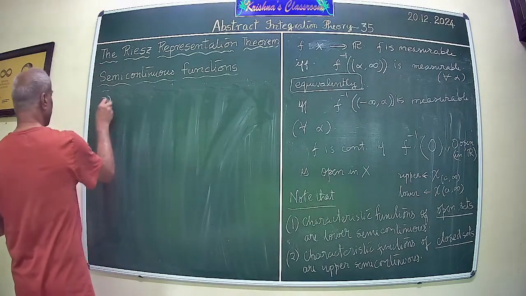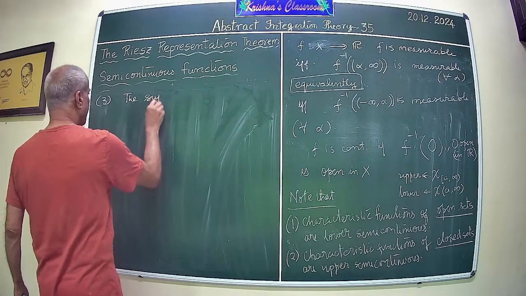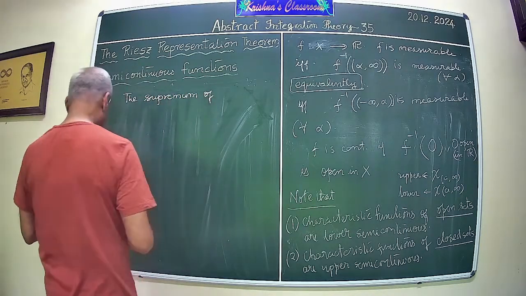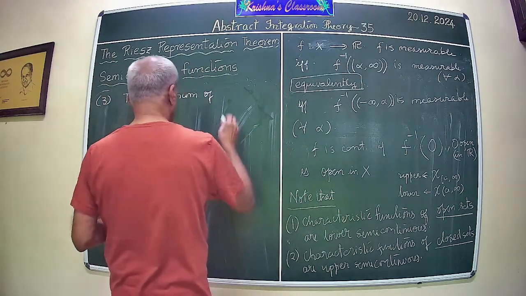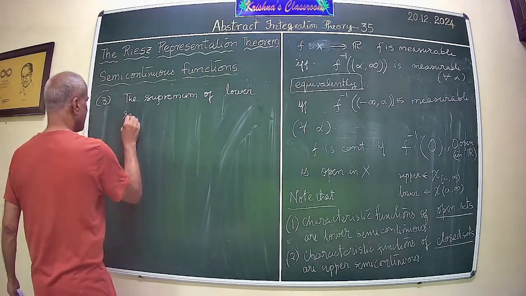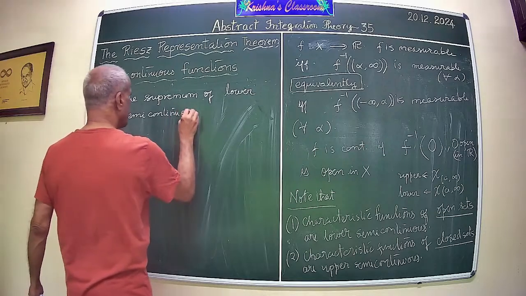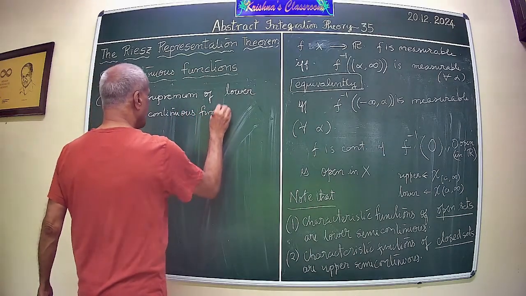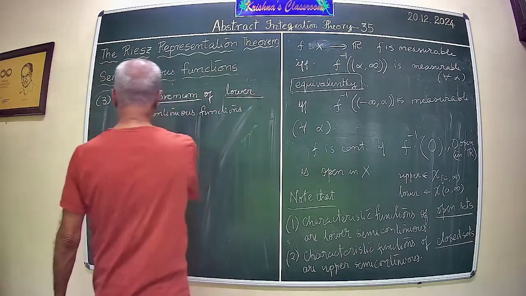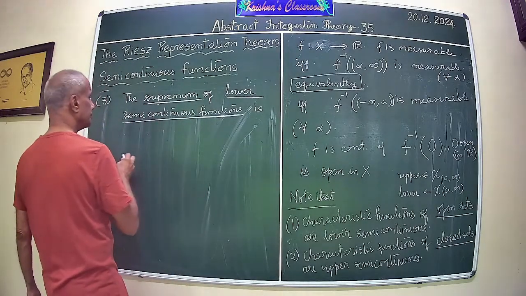Now the third property is that the supremum of lower semi-continuous functions is lower semi-continuous.